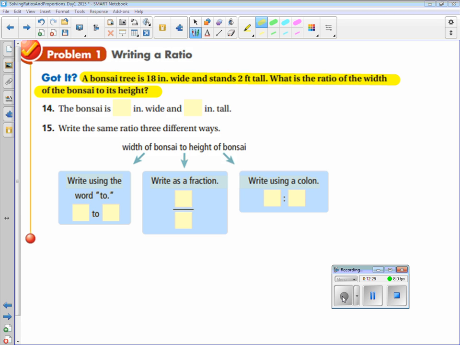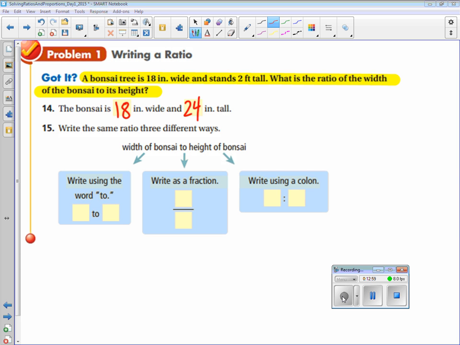Now when we're talking about a proportion, sometimes we have different units, and we can talk about that when we get there. But if we're in the same ratio, we want to try, if we can, to write the same units. If we can. Okay? So how many inches wide is it? 18, right? How many inches tall is it? 24. Good. Okay, so we want to make sure that we have consistent units, so we're going to use inches.